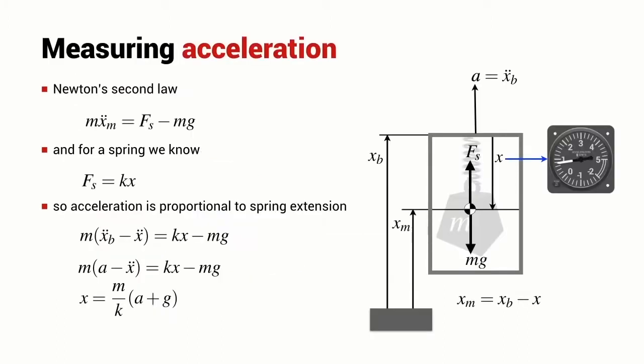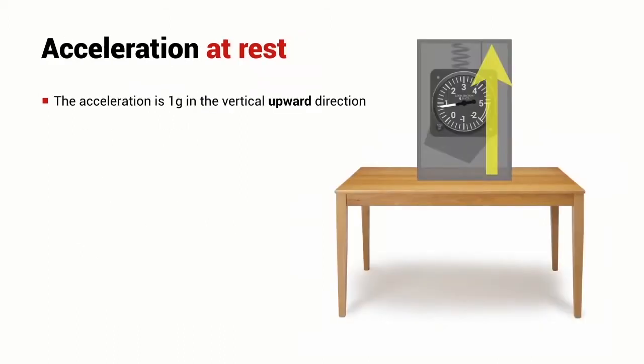At a simplistic level, we can consider that an accelerometer is a mass on a spring inside a little box. If we do the algebra, we can show that the extension of the spring is linearly proportional to the acceleration of the device and the gravitational acceleration. An accelerometer at rest on Earth indicates an acceleration of 1g in the vertical or upward direction.